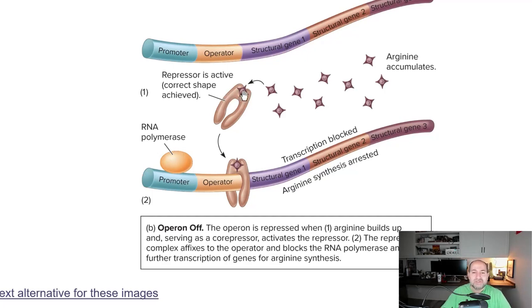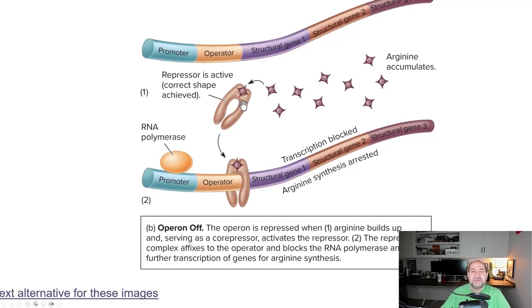Now, because of binding to arginine, the repressor is active. In this case, they call arginine a corepressor because it helped the repressor become activated. So the corepressor, arginine, binds to the inactive repressor protein and converts it to the active form.